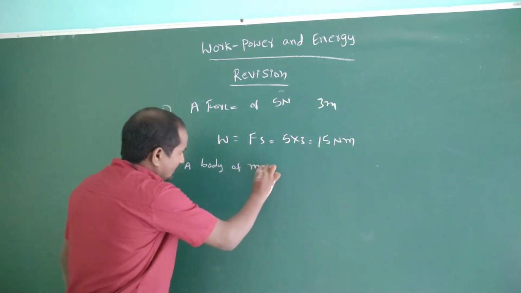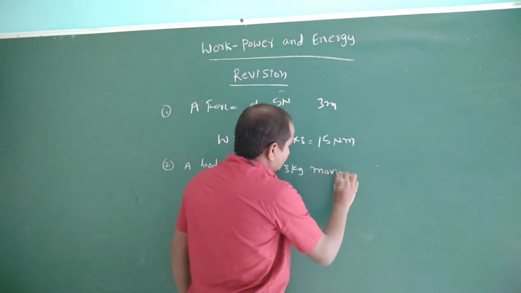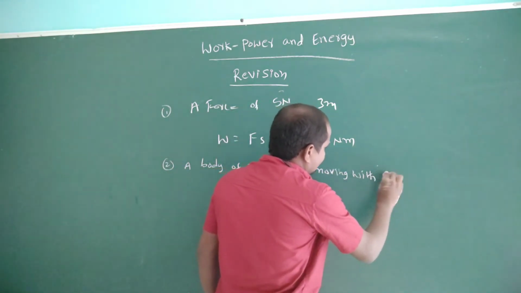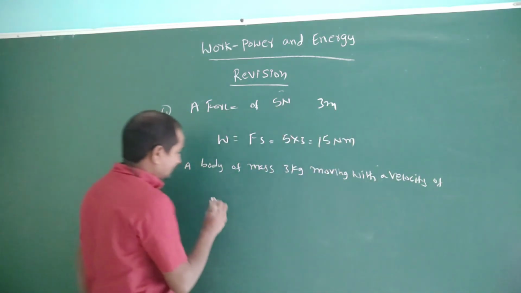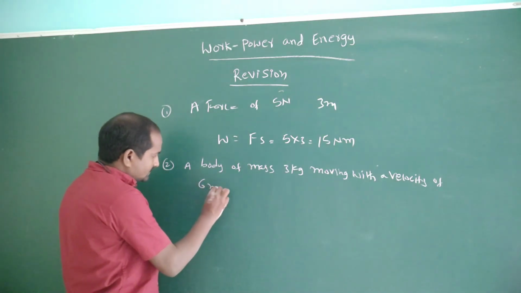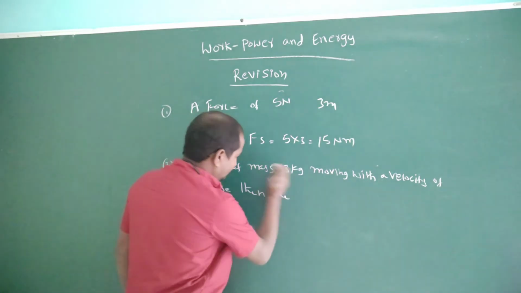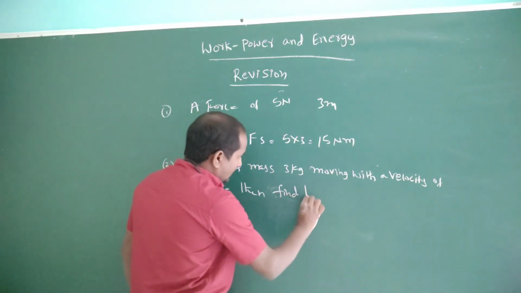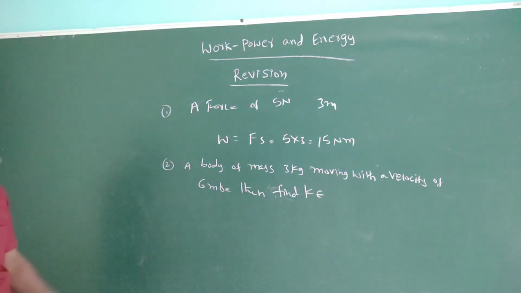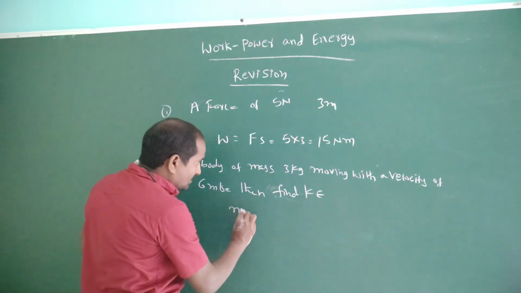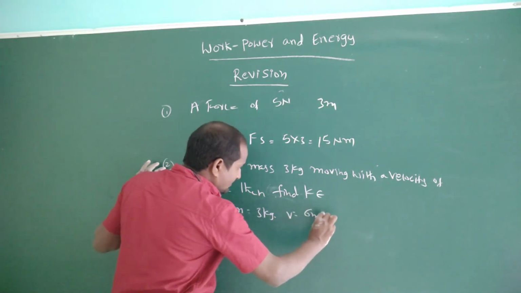Next, a body of mass 3 kg is moving with a velocity of 6 meter per second. Then find the kinetic energy. I am explaining one example problem for each family. Mass is 3 kg and velocity is 6 meter per second.